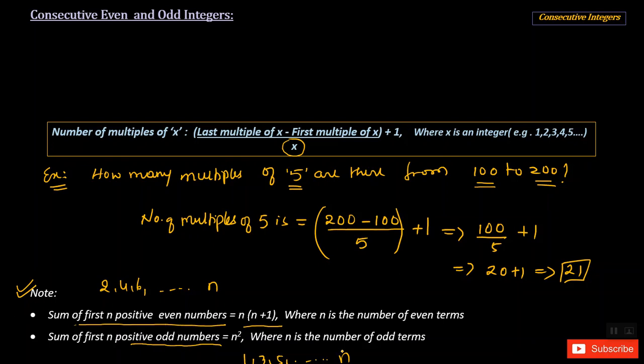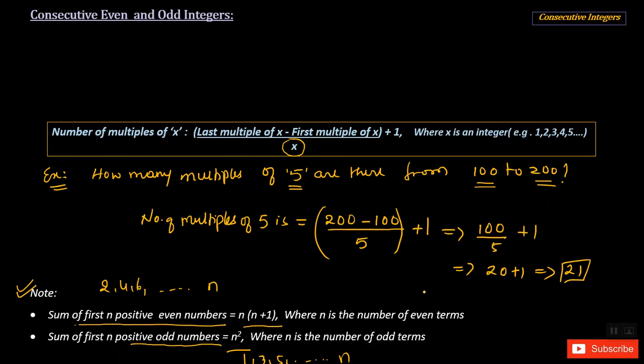So what would be their sum? That will be just given by n square. This is the shortcut what we need to remember. And remember, sometime you may also expect a question to compare: the sum of first n positive even numbers is always greater than the sum of the first n positive odd numbers.